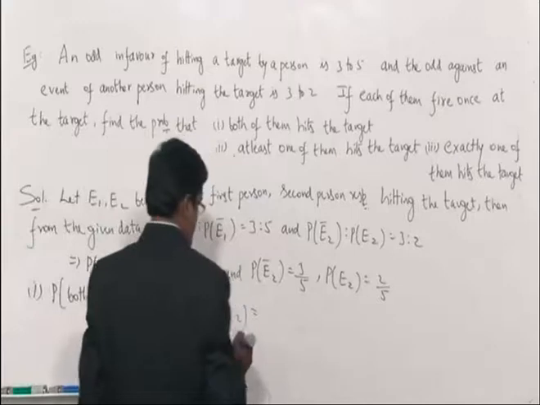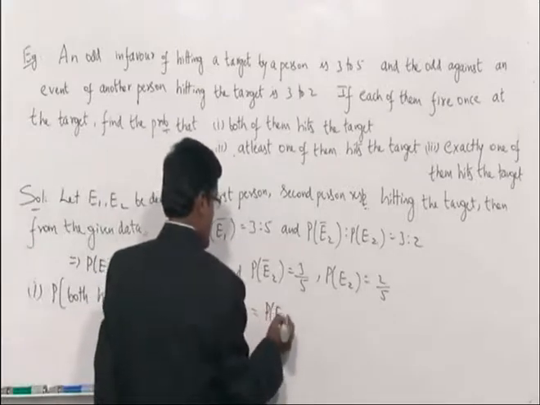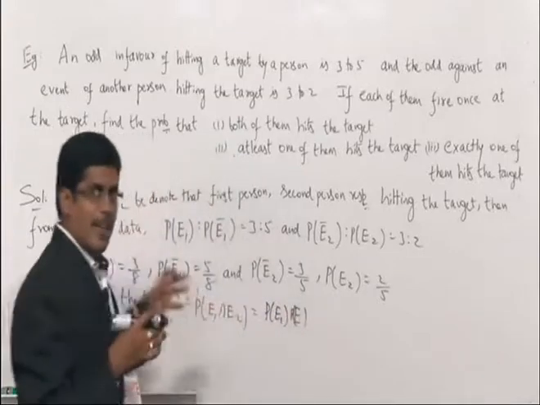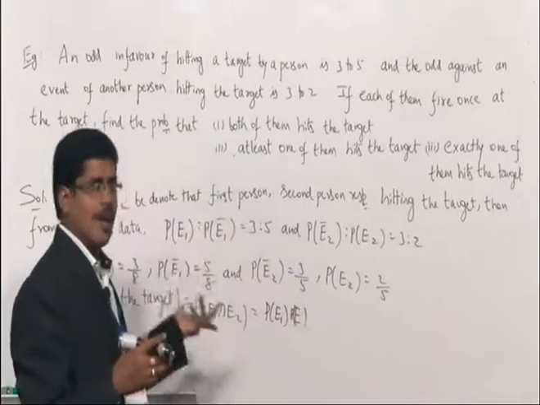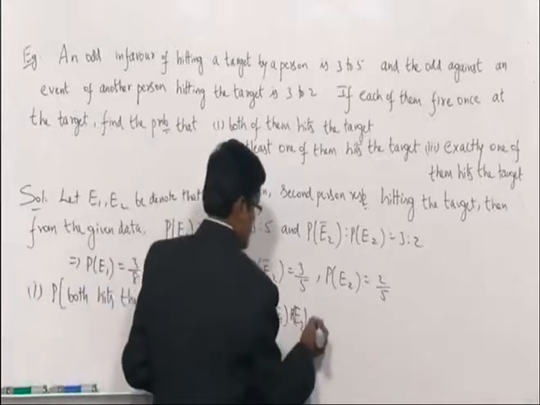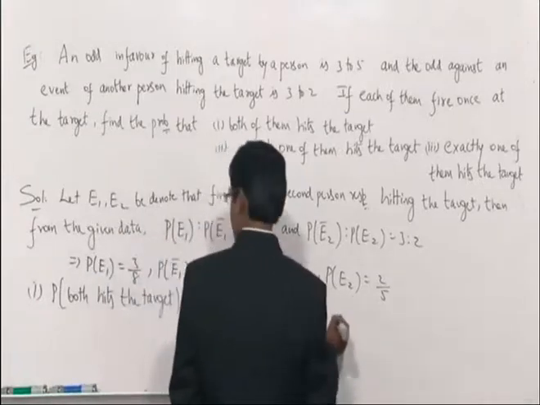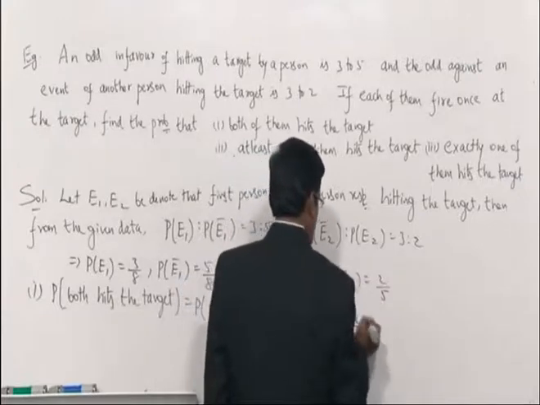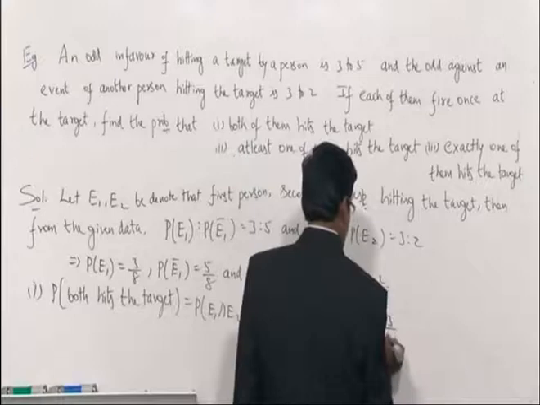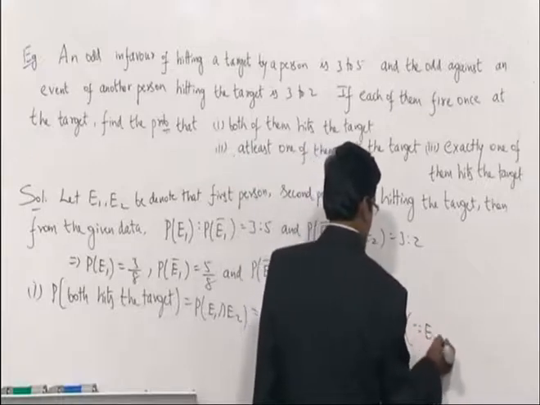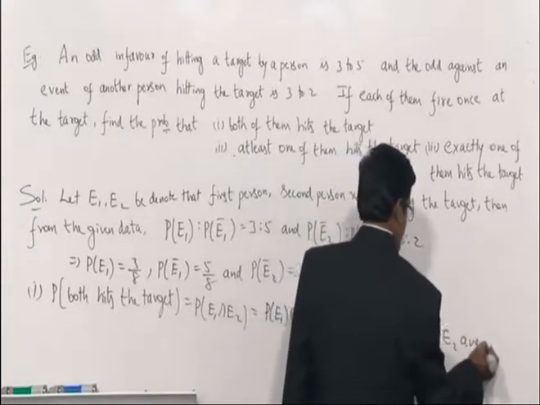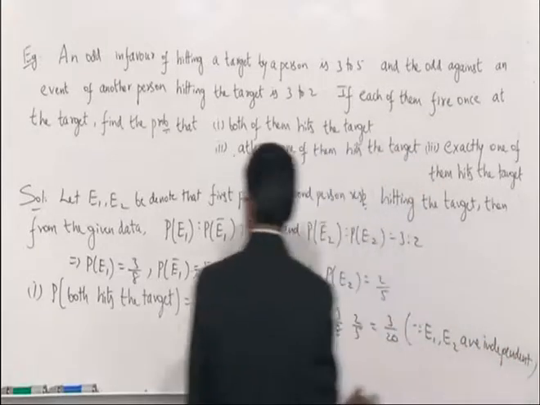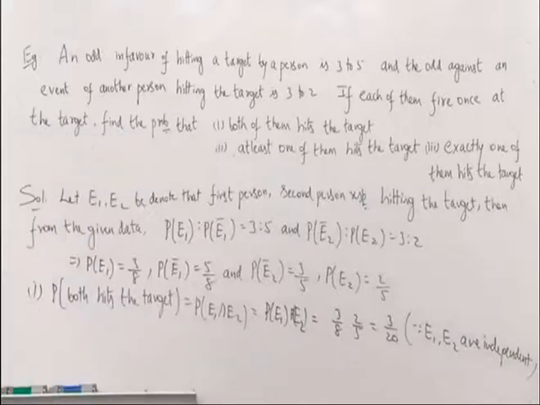P of E1 intersection E2 is equal to P of E1 times P of E2, which is 3/8 times 2/5, so 3/20. Since E1, E2 are independently trying.